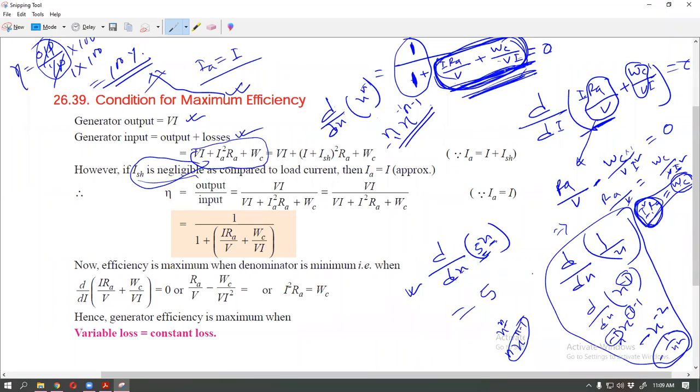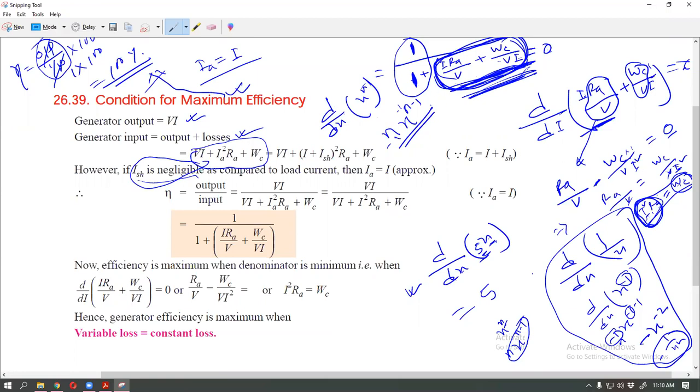When this part is 0, then your maximum efficiency is maximum. Are all clear?